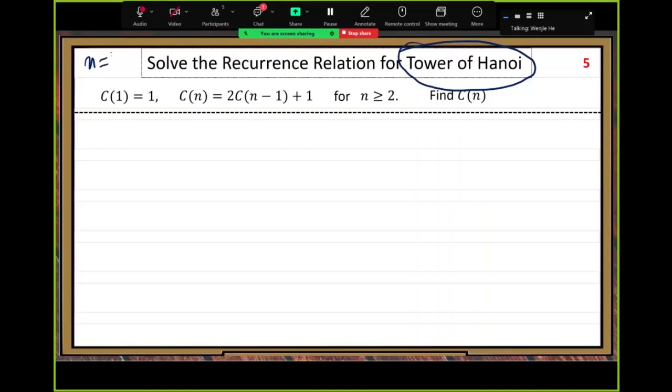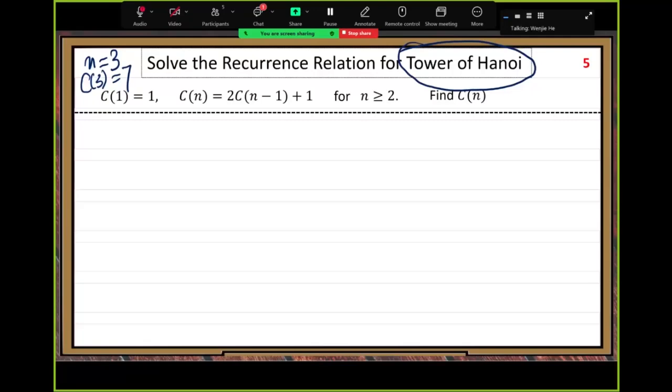The number of disk moves, C of 3 equals 7. But when there are n disks, we don't know the number of moves solving that n disk problem. We don't have that. Here, let me find the solution.